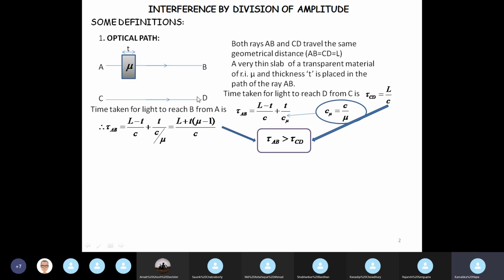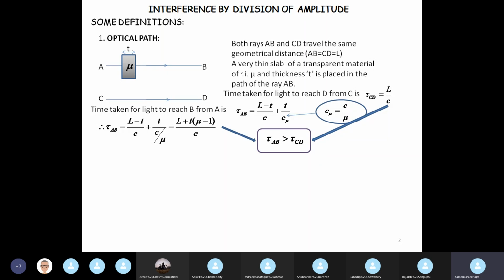The time taken by light to reach D from C is definitely lesser than the time taken by light to reach B from A, although in both cases the geometrical distance traveled is the same, that is L, capital L. However, the presence of that thin transparent sheet of a different refractive index in front of the source A in the first case delays the time of approach to the observer at B.